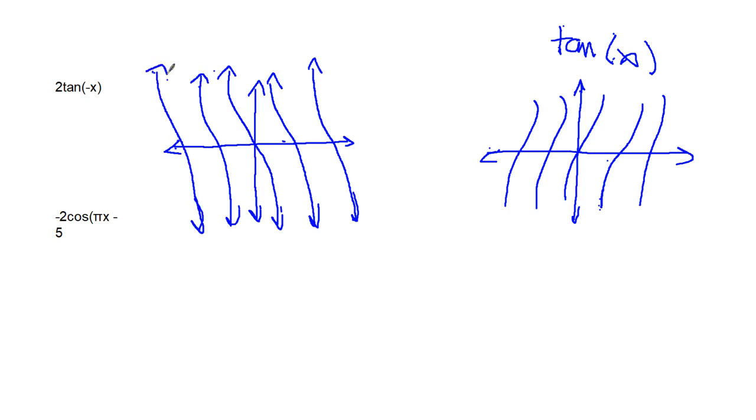Next is minus 2 cosine pi x minus 5. The cosine function is pretty similar to the sine function. To see how the cosine function differs from the sine function, know that the sine function is 0 at 0 and goes up and down like this, right?